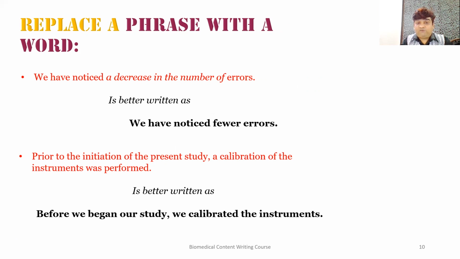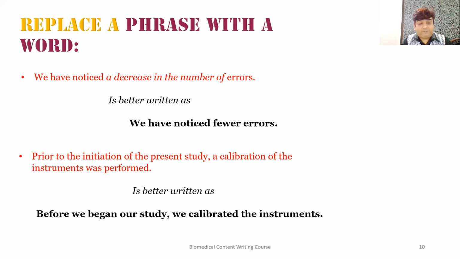So we have converted 5 words into just 2 words. The first sentence is 9 words, and the second version is just 5 words. So almost 50% we have decreased the number of words in this sentence by just replacing a phrase with a single word.